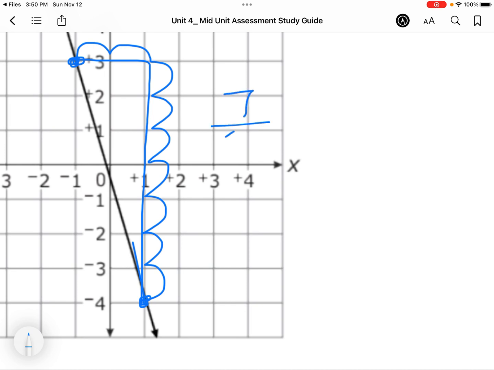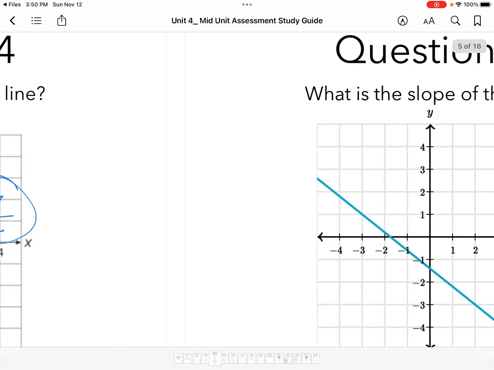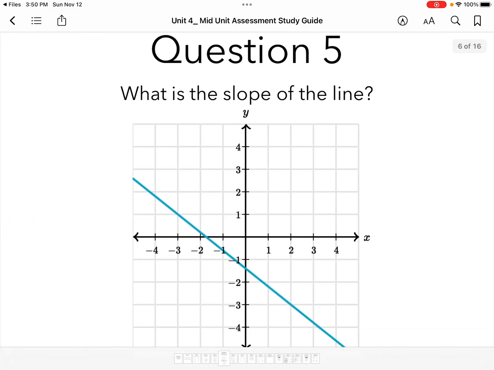So I've got 7 over 2, and this is a negative slope because it's higher on the left than it is on the right. It goes down, it decreases from the left to the right. So it's negative 7/2.